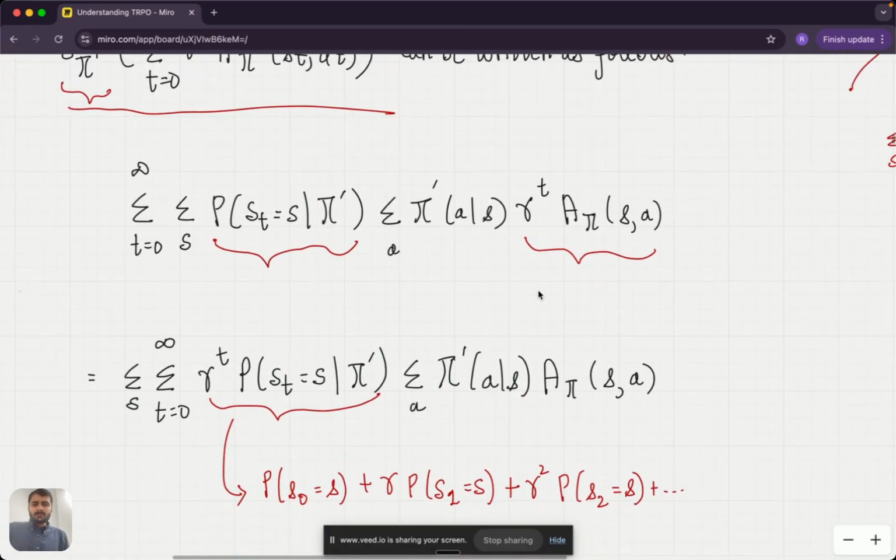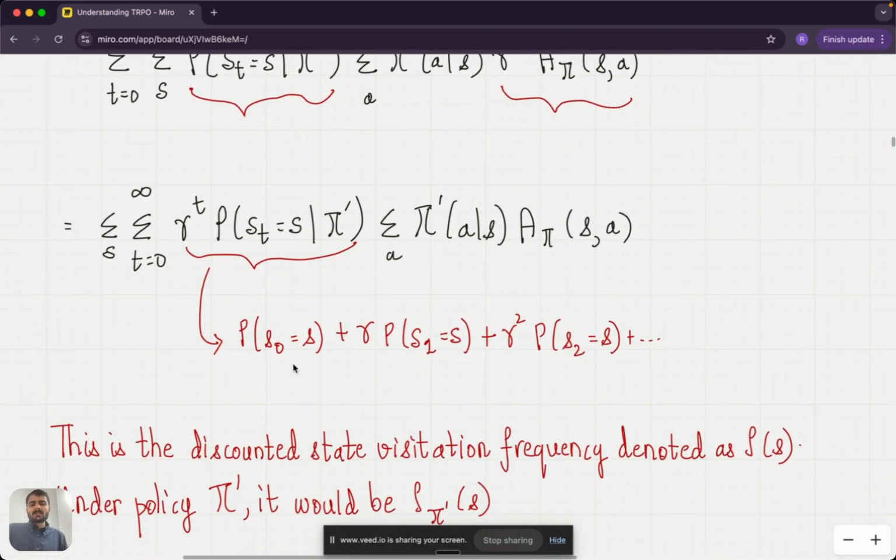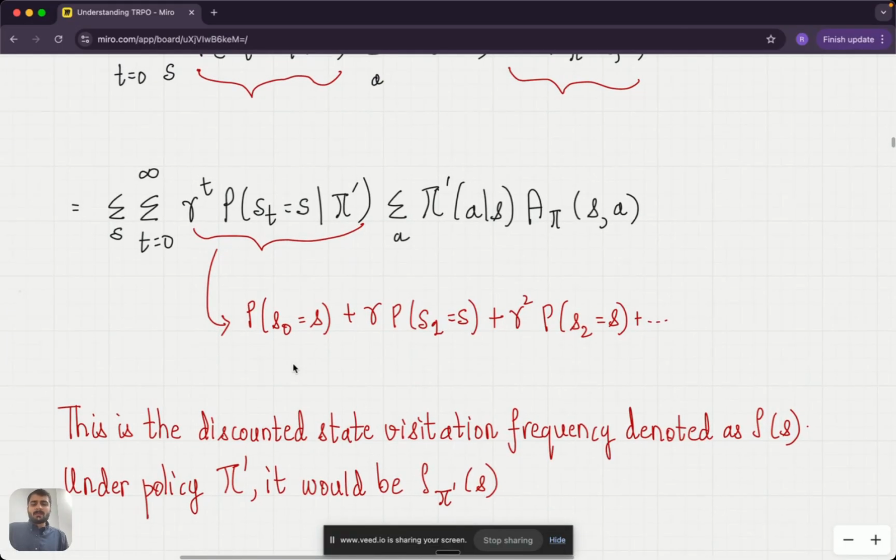And then we do a simple transformation. We look at this expression, gamma raised to t times the probability of visiting each state under the policy, and this is nothing but the state visitation frequency, which is denoted by rho of s.